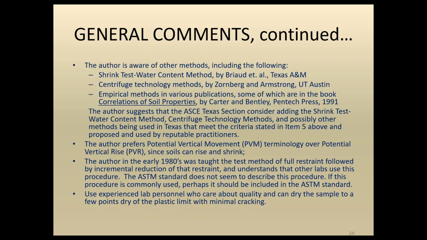And so those that meet that criteria and that might be proposed and currently used by reputable practitioners. I do prefer the terminology of potential vertical movement over potential vertical rise, since soils can rise and shrink.